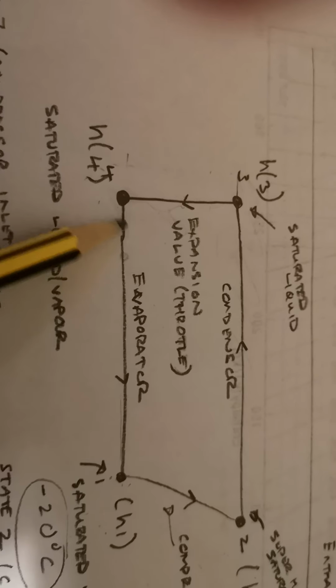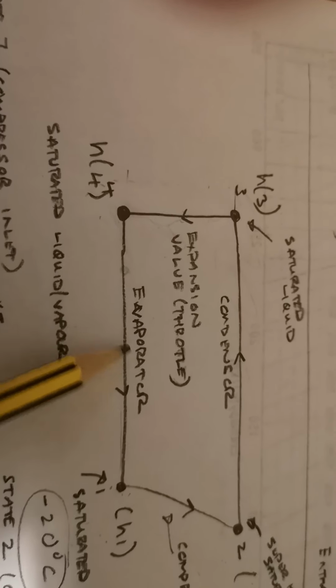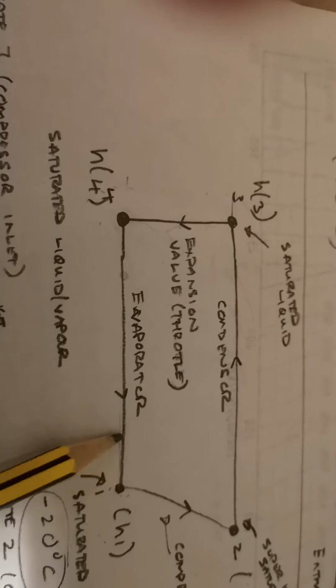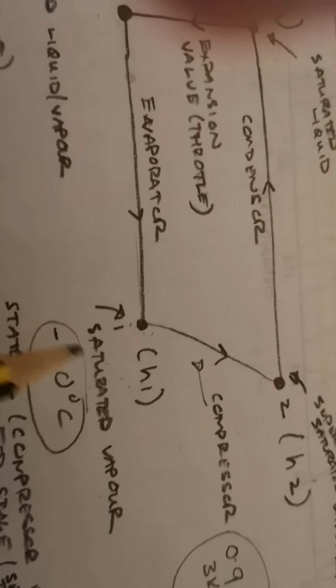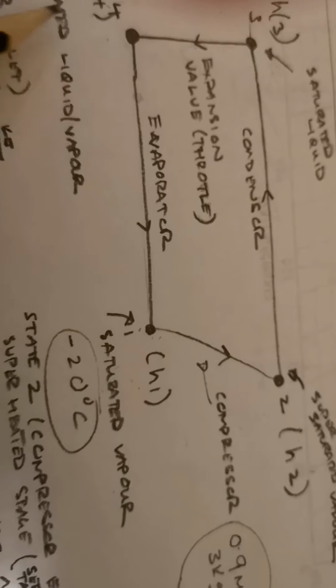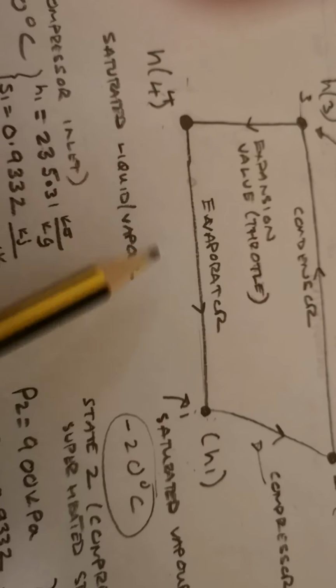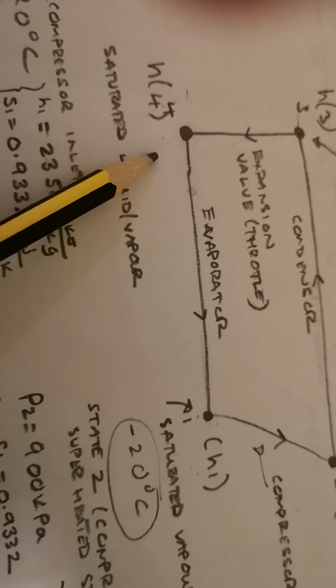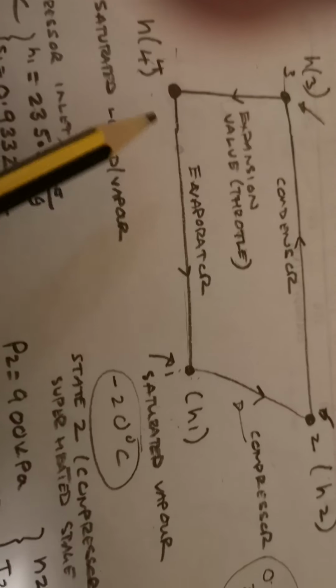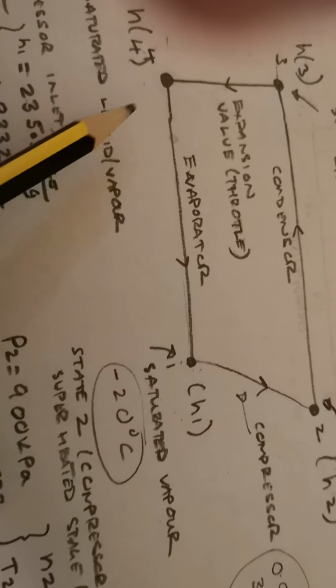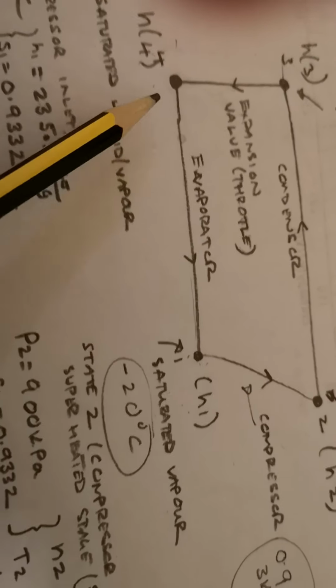That low temperature cools the refrigeration system. It becomes a saturated liquid-vapor mixture, where X equals 0.3 or 0.4. It's not pure liquid, not pure gas. It's a mixture of both.